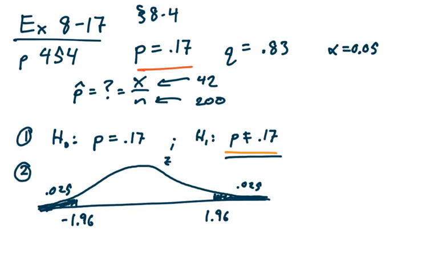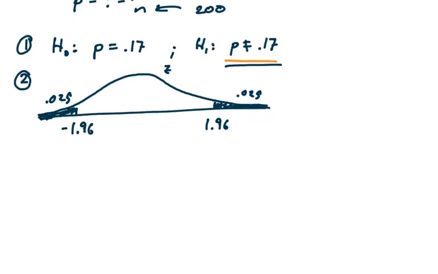Now, step 3 is we're going to compute the test statistic. So remember, we always want to try to write that down from memory. It's p hat minus P, always the sample information minus our population information, over the square root of P times Q over n.